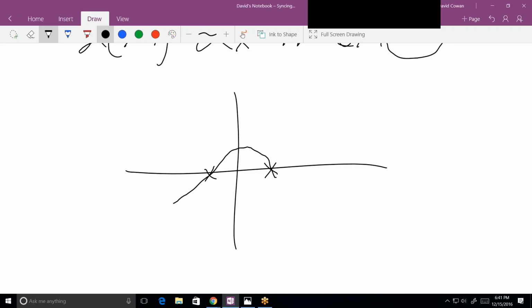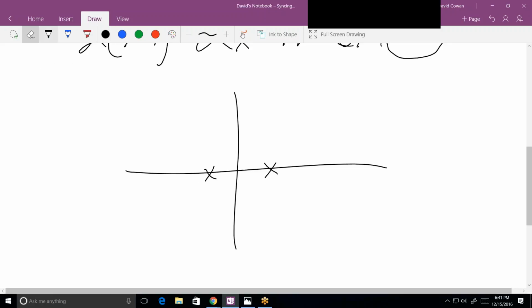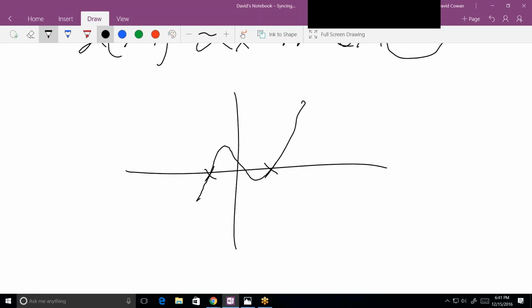Hold on, I didn't draw it right. I want a cubic. Okay, so there's a cubic. My black line is a cubic that has those 2 zeros where the x's are.